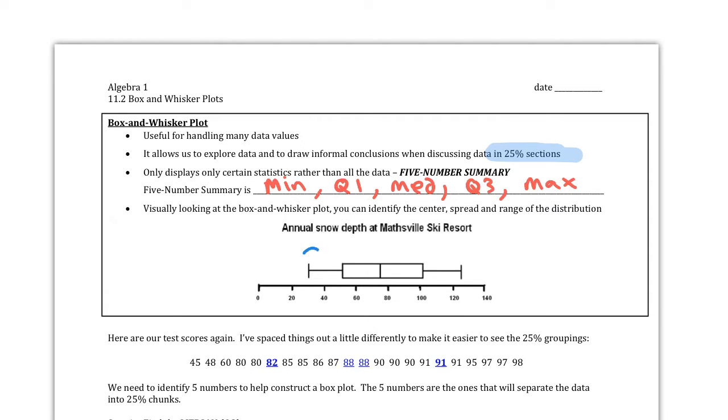So there's 25% of the snow depths every fall between what looks like about 30 and maybe 52. 25% fall in that left-hand box there, 25% in the right-hand box, and then finally 25% on the whisker. So it just gives us a way of organizing the data and seeing where most of the data points fall. So below this we see a list of test scores.